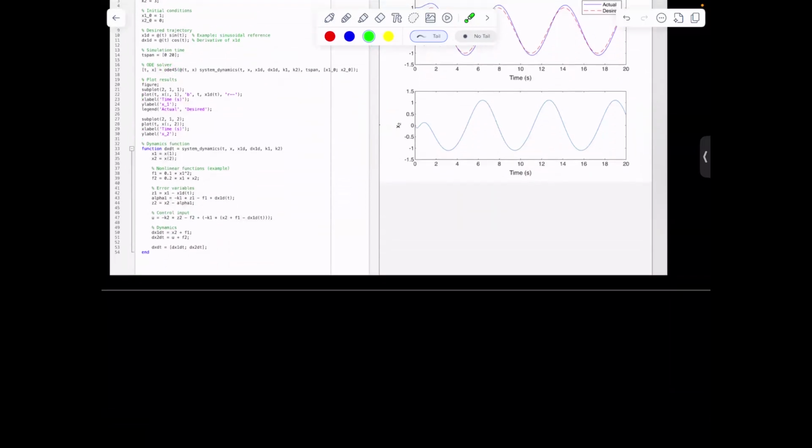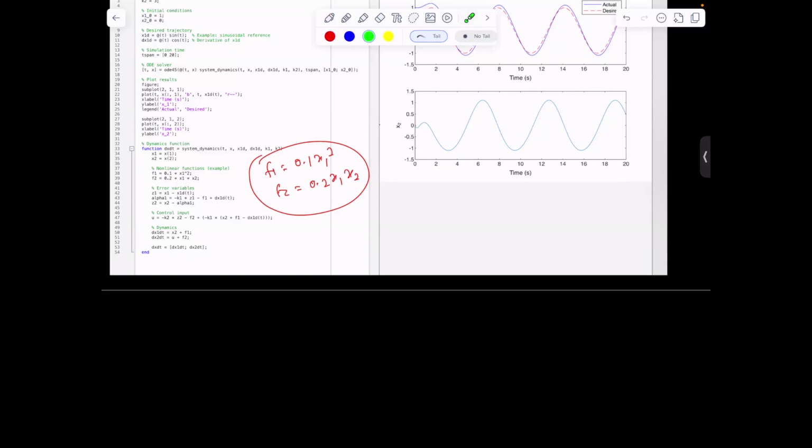Here we have defined two variables, X1 and X2. And these are the nonlinear functions we have introduced in this example. Basically we have chosen F1 equal to 0.1 X1 square and F2 equal to 0.2 X1 X2.